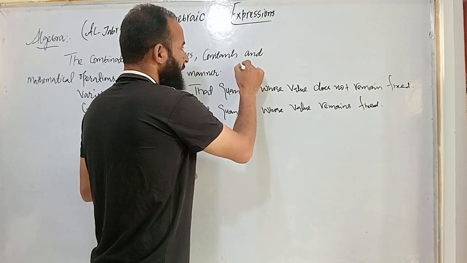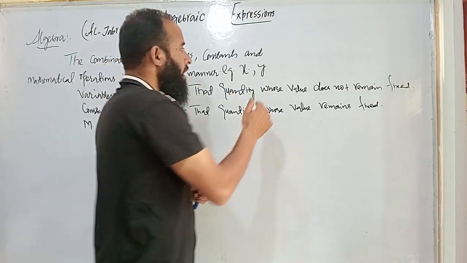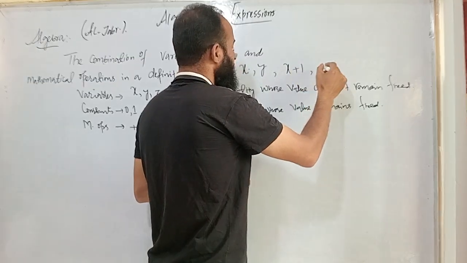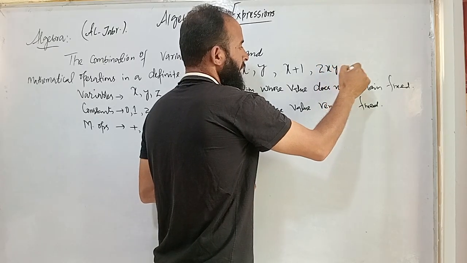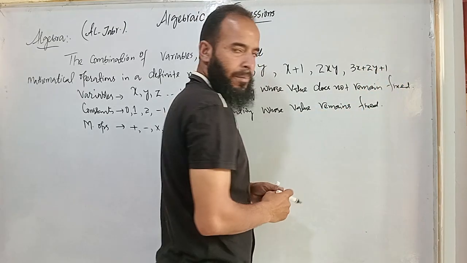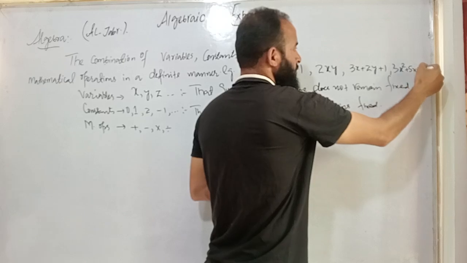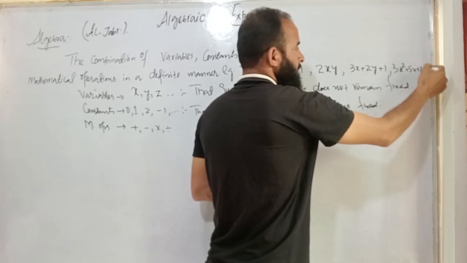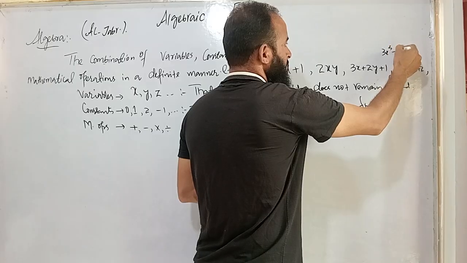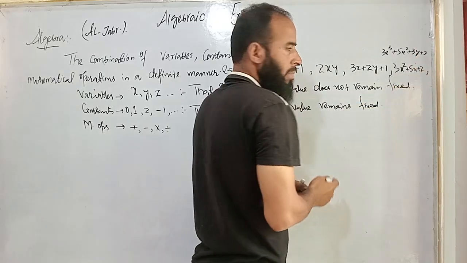For example, I can write only x, I can write only y, I can write x plus 1, I can write 2xy, I can write 3x plus 2y plus 1, I can write 3x square plus 5x plus 2, or I can write 3x cube plus 5x square plus 3y plus 2.